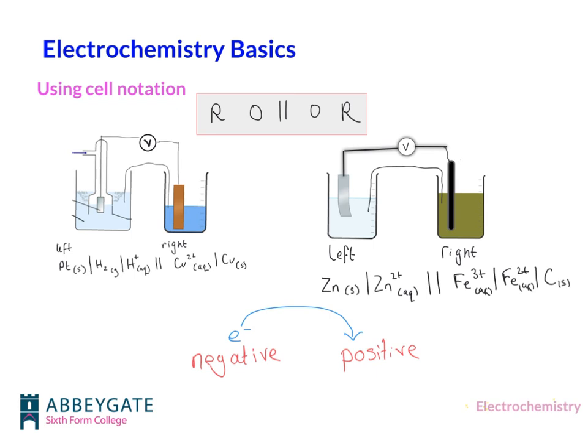The only time we don't do this is if you're measuring against the primary standard, which is the standard hydrogen electrode. When doing that, the standard hydrogen electrode always goes on the left, so that you can then tell whether the cell you're measuring is positive or negative, depending on where it sits next to the standard hydrogen electrode. Okay, that's all for today.